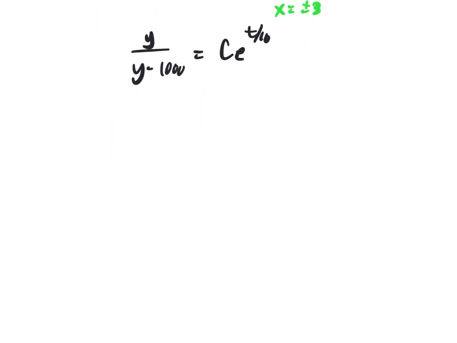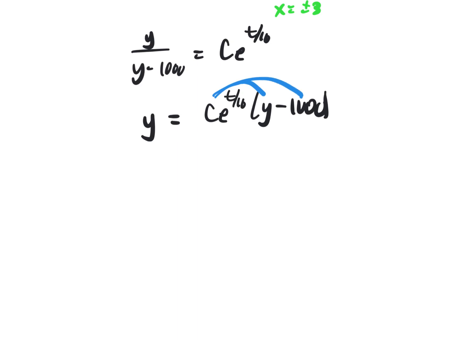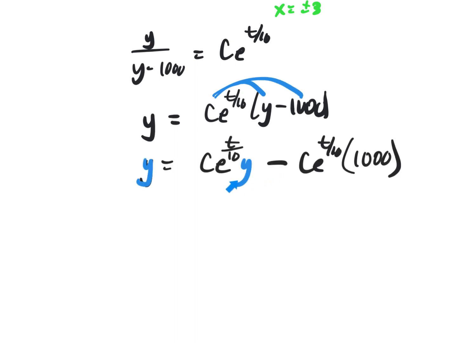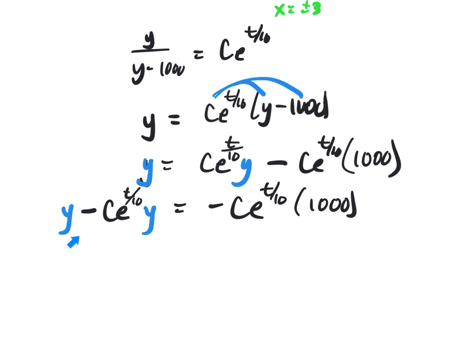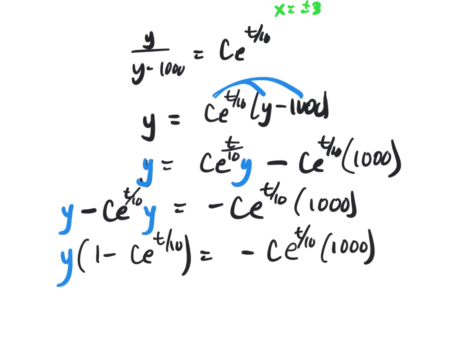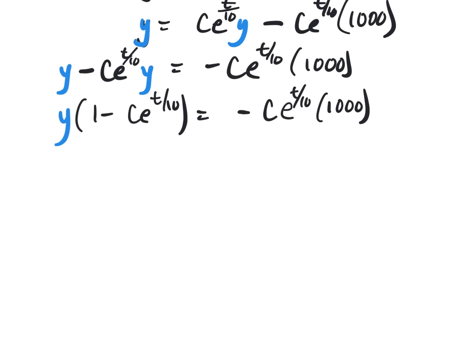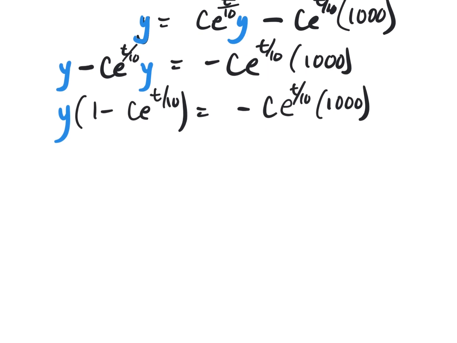So we'll multiply both sides times y minus 1,000. Multiply this factor and distribute it. Collect all of our y terms on one side. Factor out the y. And then divide by that factor, solving for y.